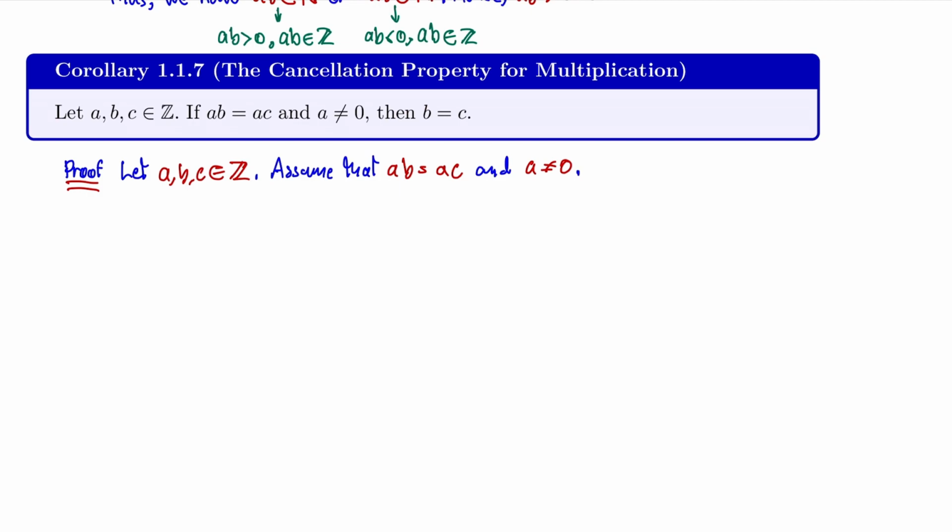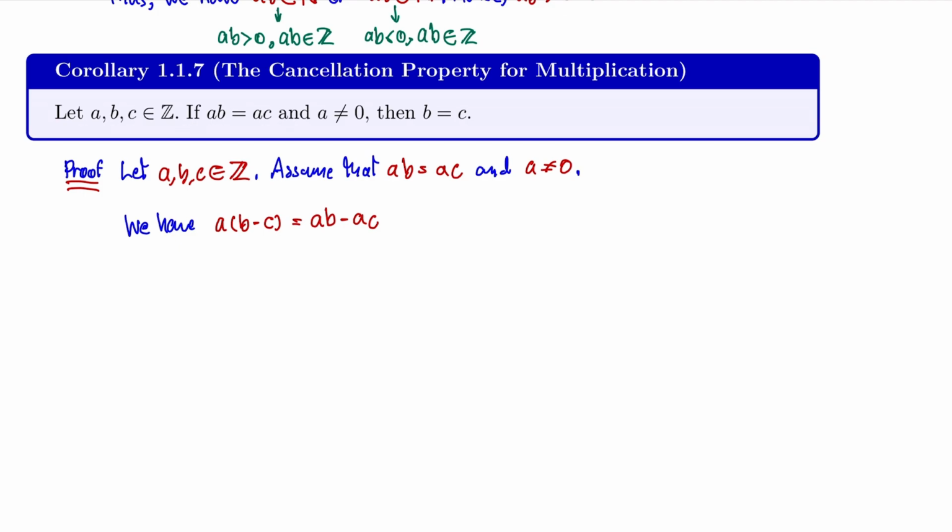So let me start with this. We have a times (b minus c) equals ab minus ac, right?